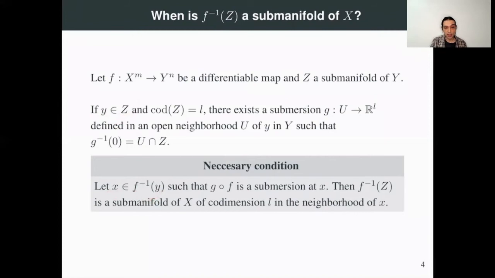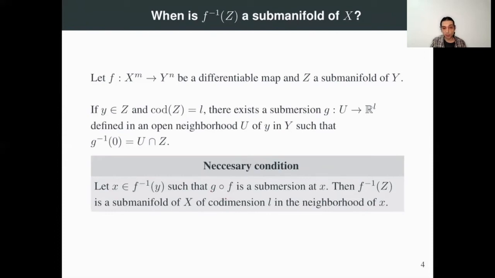The condition that we need, naturally deduced from what we already know, to ensure that the preimage of C is a submanifold in the neighborhood of x is simply that the composition of F and G is a submersion at x.